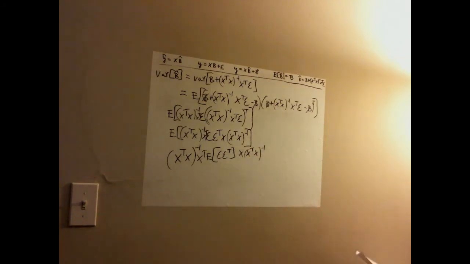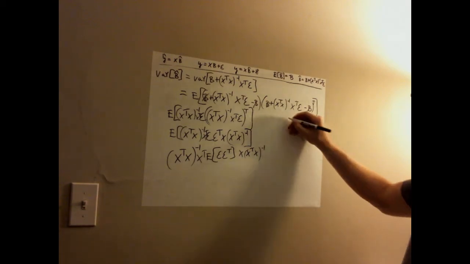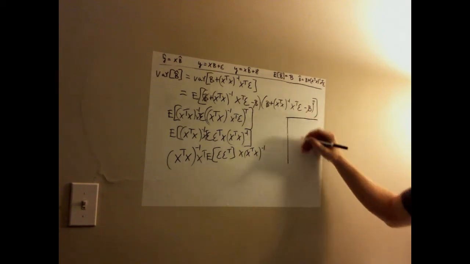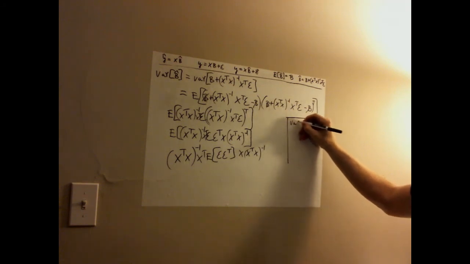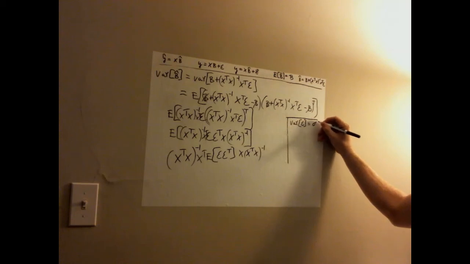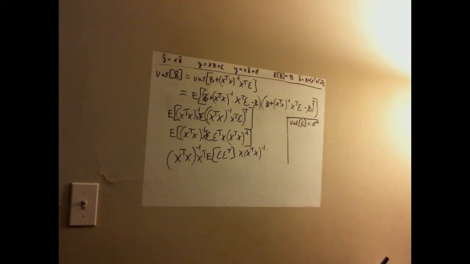So at this point, we're going to use an identity or definition that we haven't really introduced yet, which is that the variance of eta is equal to sigma squared.